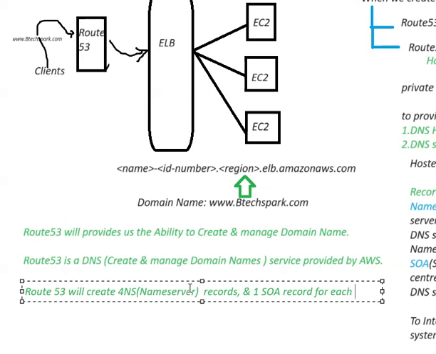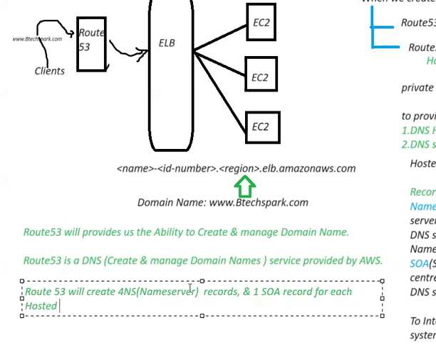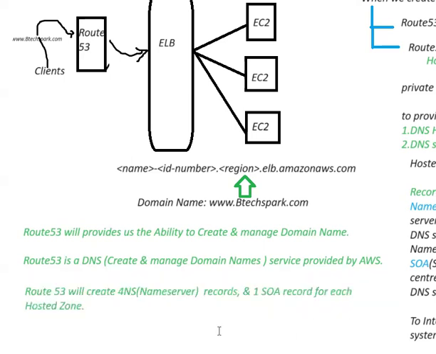For each hosted zone, Route 53 will create 4 NS records and 1 SOA record. Okay.